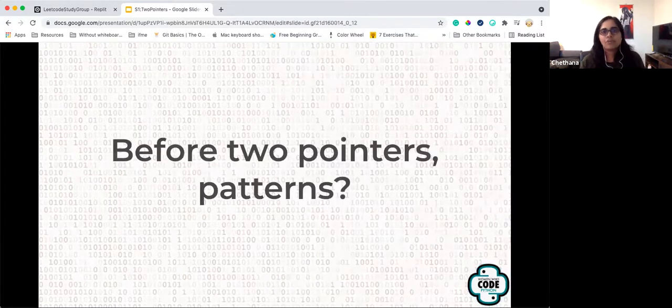Before we say two pointers, sliding windows, and whatnot, let's talk about patterns. What are they? Why do you need them? And how are we going to use them to solve LeetCode problems or technical problems in interviews? When you look at any kind of LeetCode problem, you will get stuck.